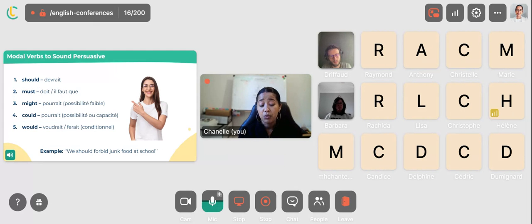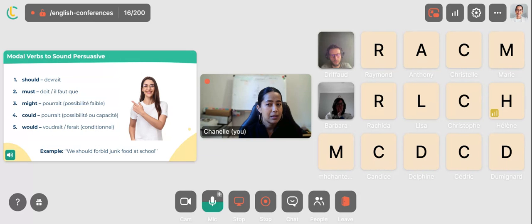When we say we should forbid junk food at school, we are talking about a modal verb. And that modal verb are the verbs that help us sound a particular way. For example, it either expresses obligation, it expresses necessity, it expresses possibility, or it expresses politeness. Now, here with these modal verbs, we are looking at persuasion. For example, should.